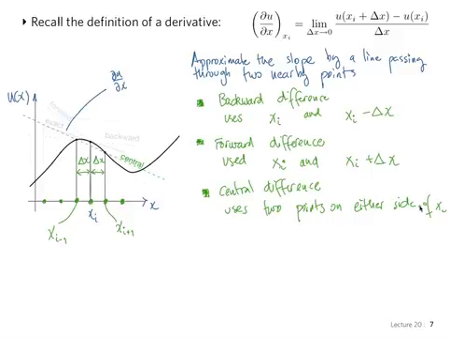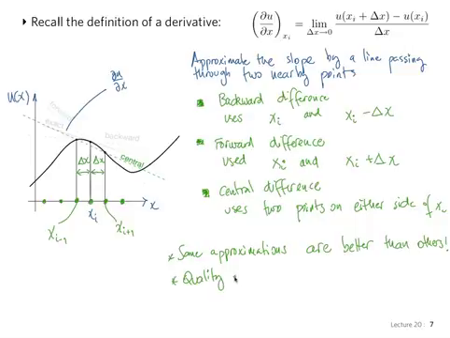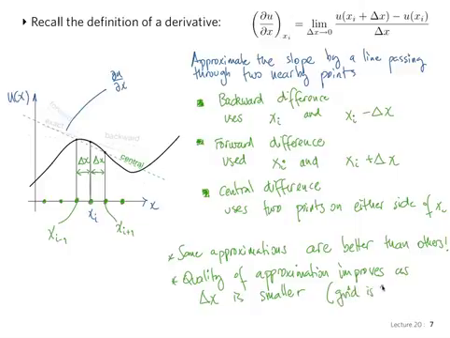And those are 2 crucial points: that some approximations are better than others, and that the quality of the approximation will improve as you make delta x smaller, or we say, as the grid is refined. Yes, Tim, you have a question there? No? Okay.